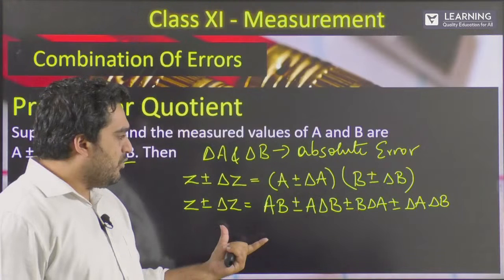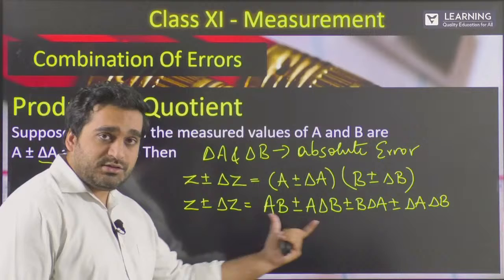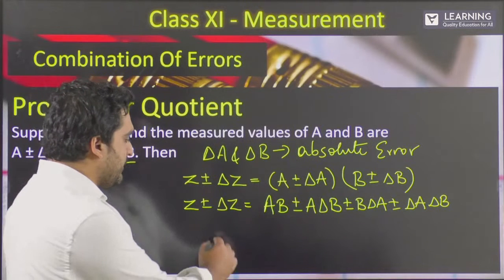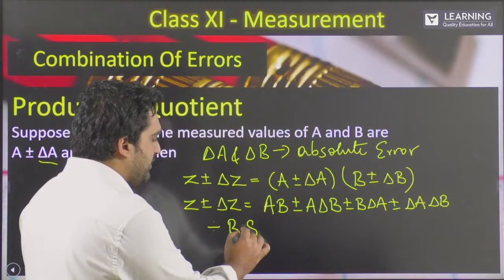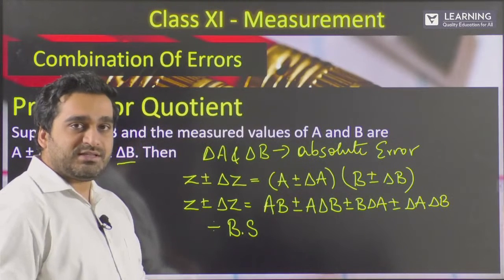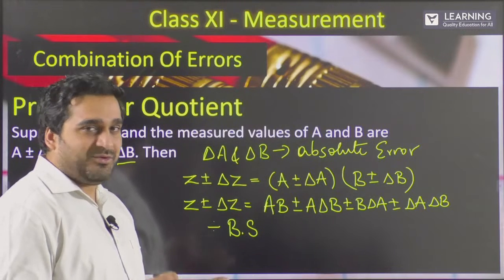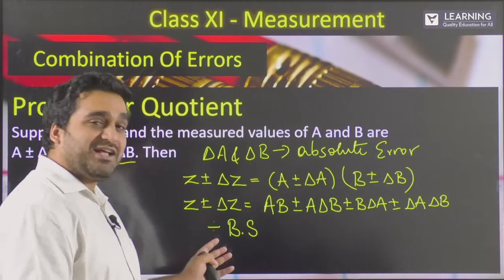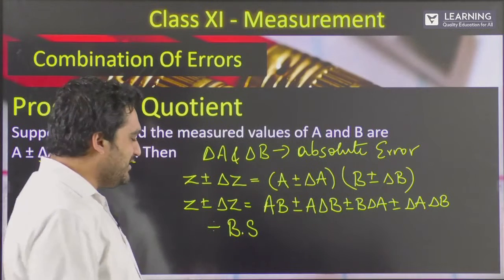Now, what you do next is divide both sides by AB. I'm going to write BS. Don't assume it is something else. BS stands for, no, not what you think it is. It stands for both sides. In mathematics, both sides.